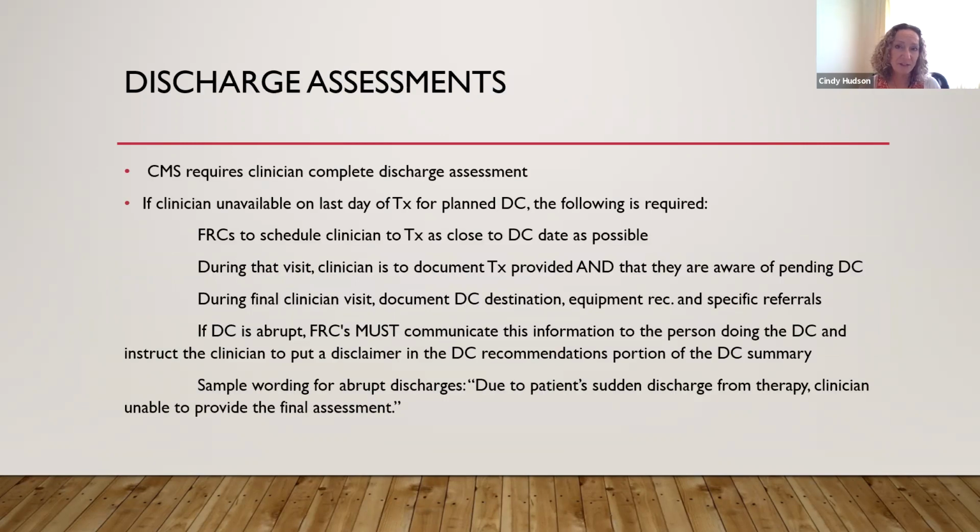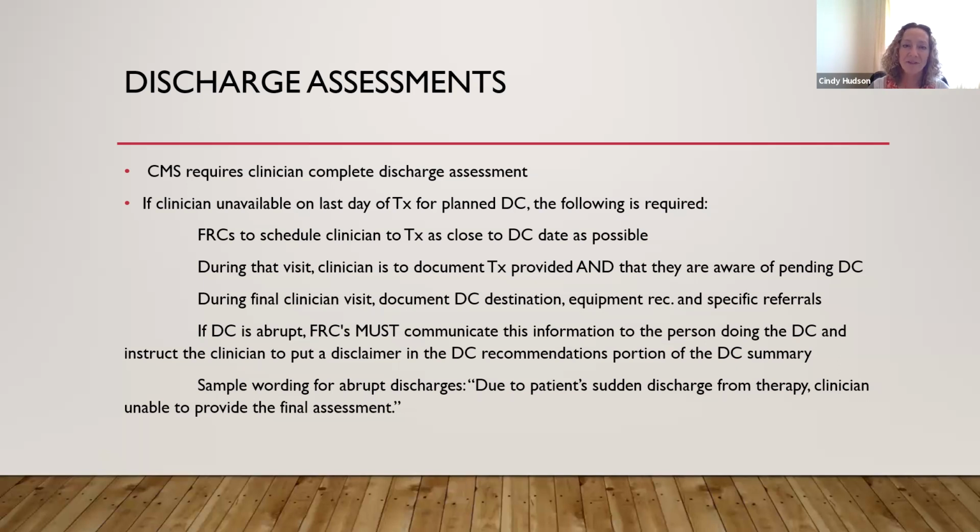Discharge assessments, as I just said, CMS requires the clinician, the evaluating or supervising therapist, to complete the discharge assessments. If that therapist is unavailable on the last day of treatment for a planned discharge, the following is going to be required. An FRC needs to schedule the clinician to treat that individual as close to the discharge date as possible.